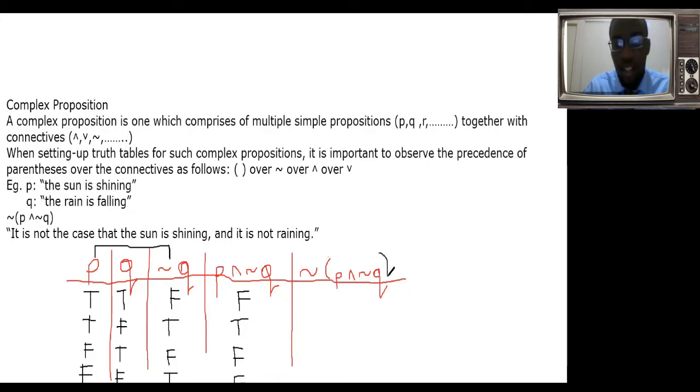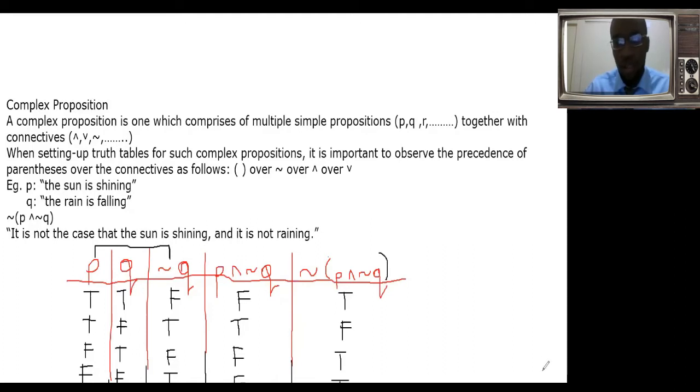So now the negation of P and not Q is just the negation of this column. So we're negating this column, which then becomes true, false, true, true. And that would be the truth table for this complex proposition that we have. Easy.